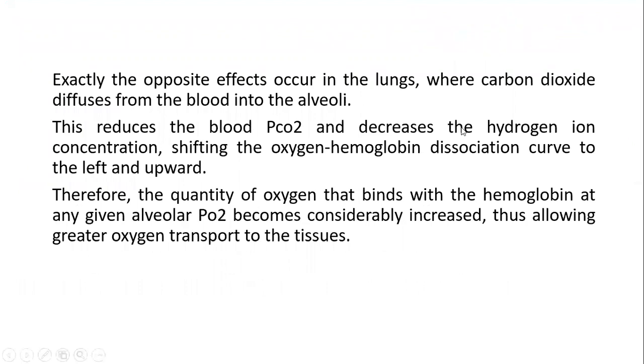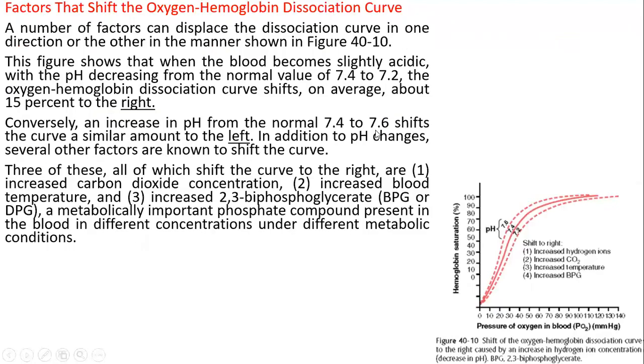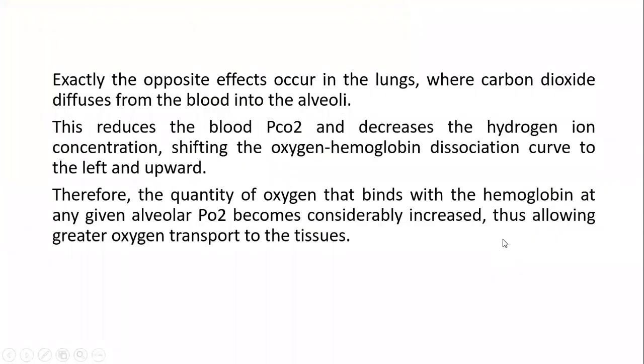Exactly the opposite effect occurs in the lung. نشوف هذا الفيجر لما يزيد عندنا CO2 ويزيد عندنا الهيدروجين يصير shift to the right. shift to the right يقلل من الاسوشيشن بين الاكسجين بين الهيموغلوبين ويصير delivery of oxygen to the tissue.